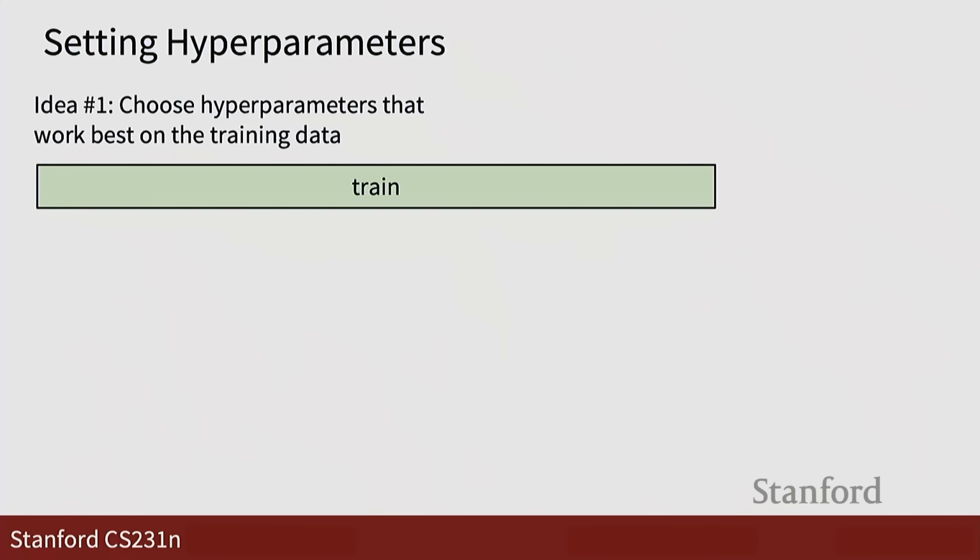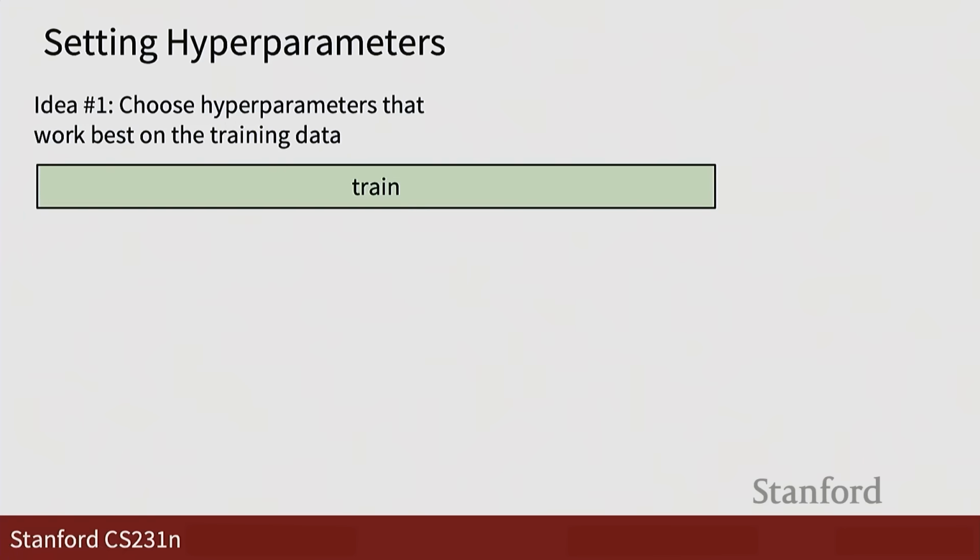One of them is to choose the hyperparameters that work the best for the training data. So you have a set of images or data in your training data. You look for the best set of hyperparameters that generates the minimum training loss.